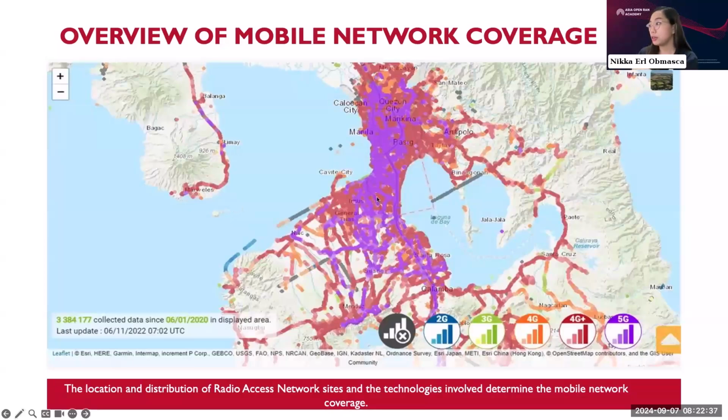And surprisingly, we have already a lot of deployments of 5G. So, yung location and yung distribution ng mga RAN natin really plays a critical role when designing or planning a RAN para mabigyan tayo ng more reliable, better mobile coverage.